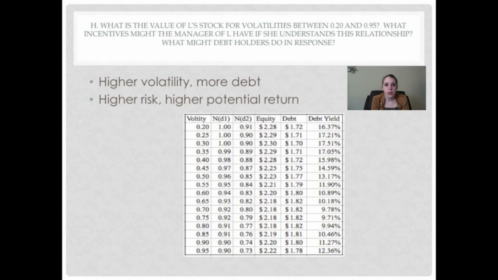But overall, managers could use this as a tool to become more attractive to investors, because with more risk comes more return opportunities. Definitely you can see that within the table, that as debt increases, so does volatility.